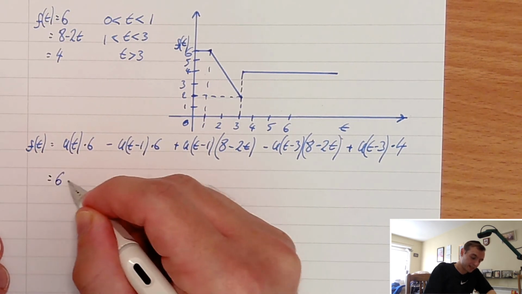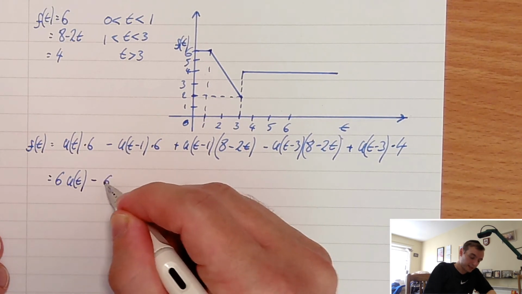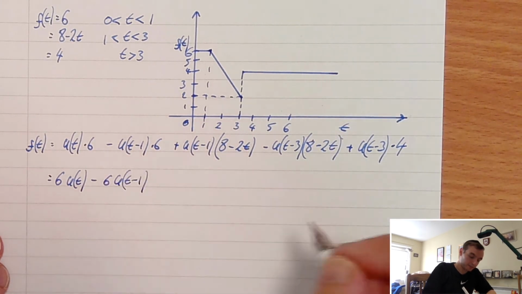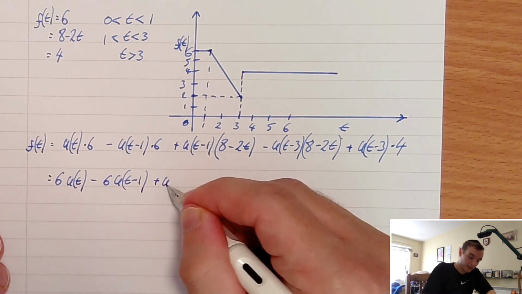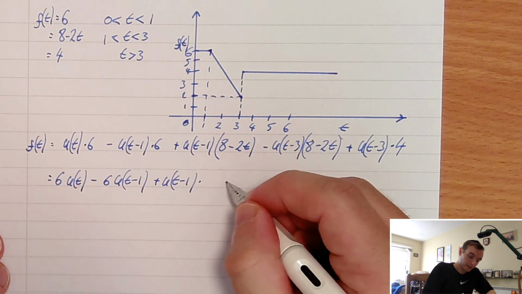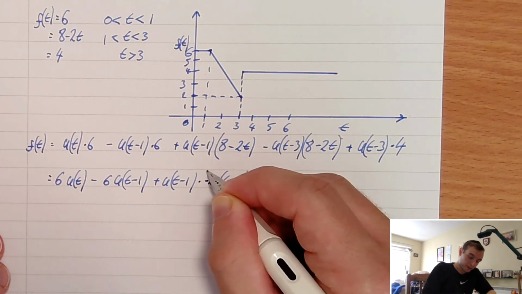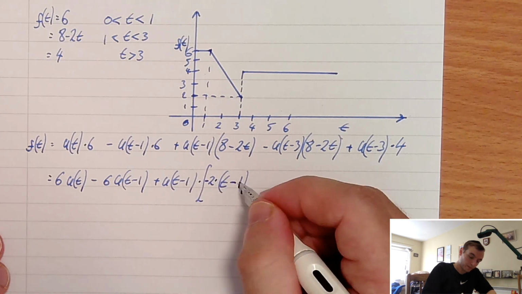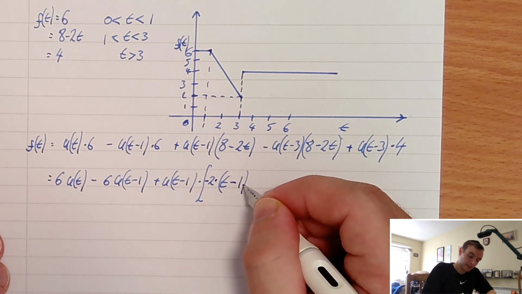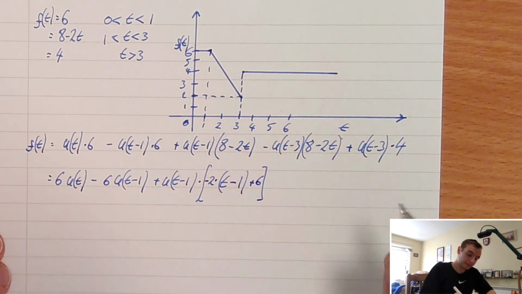So we can say that's going to be 6u(t) minus 6u(t minus 1) plus u(t minus 1) times, remember we have to have t minus 1 over here, and that's going to be minus 2, and minus 2 times minus 1 is 2, so we need to add on 6 to get 8.